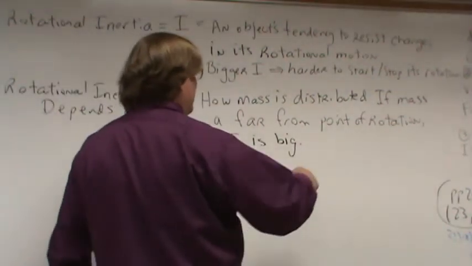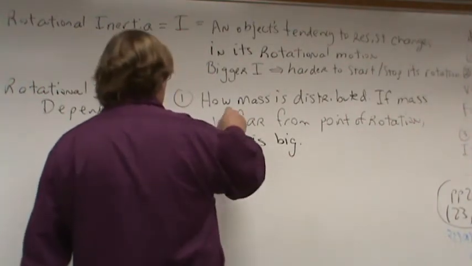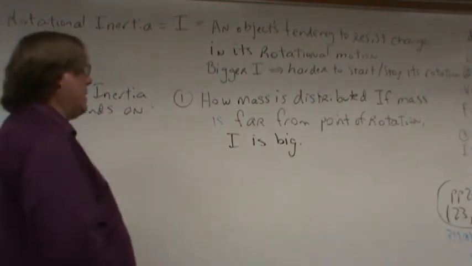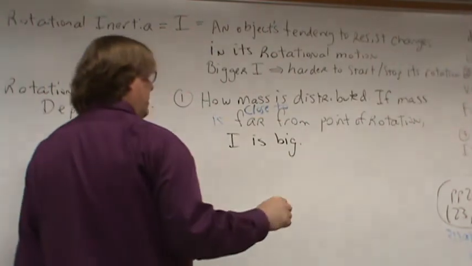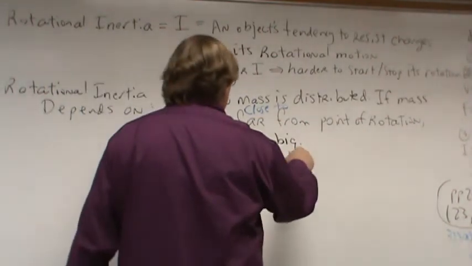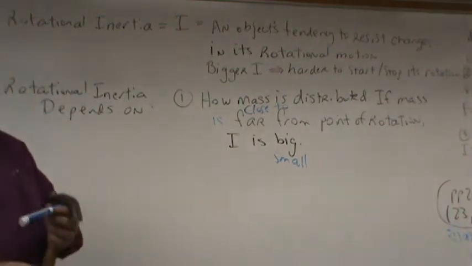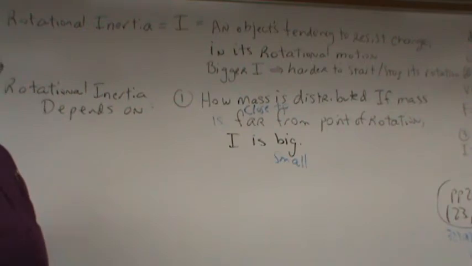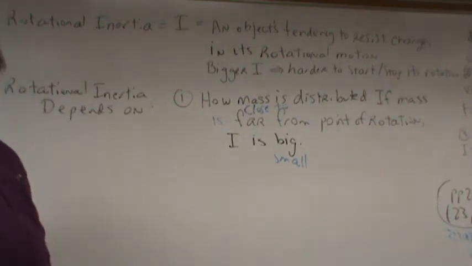If mass is close to the point of rotation, I is small. So yeah, how the mass is distributed is very important. It determines what your rotational inertia is.